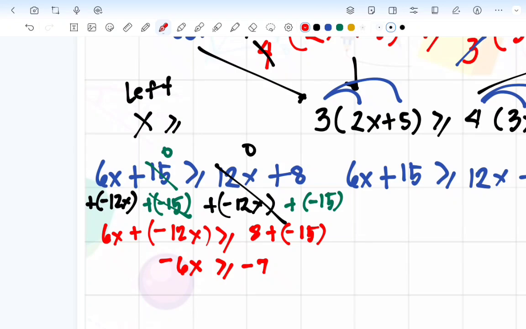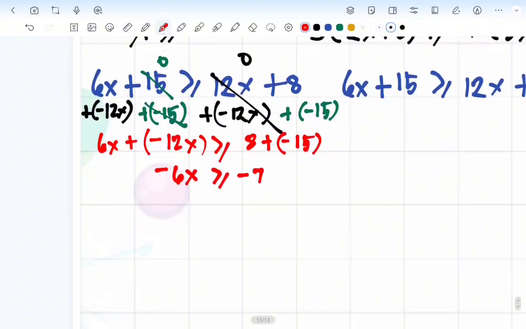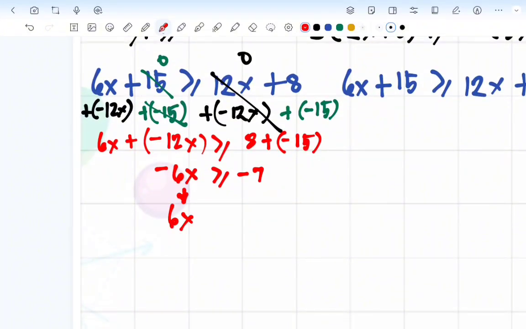If our x is negative, we are going to change all the values and also the symbols that we have in the problem. This will become positive 6x. This more than will become less than or equal, and negative 7 will become positive 7. And then we are going to apply the multiplicative property. Why multiplicative property?